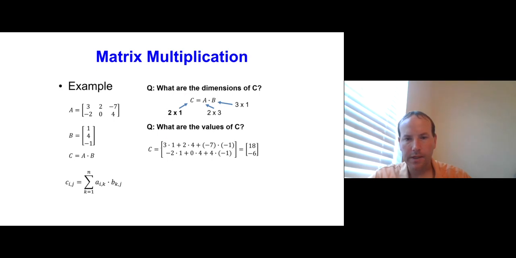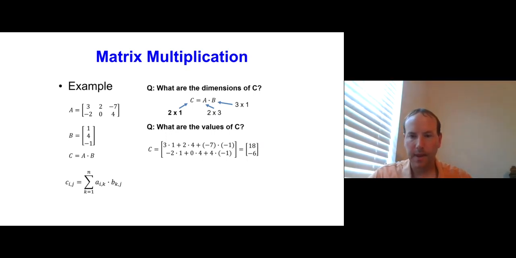And the rows of C are given by these equations, where it's 3 times 1 plus 2 times 4 plus minus 7 times minus 1. See how that pattern is emerging? And then on the second row, it was minus 2 times 1, 0 with 4, and 4 with minus 1. If you multiply those numbers together and add them, you get 18 and minus 6.